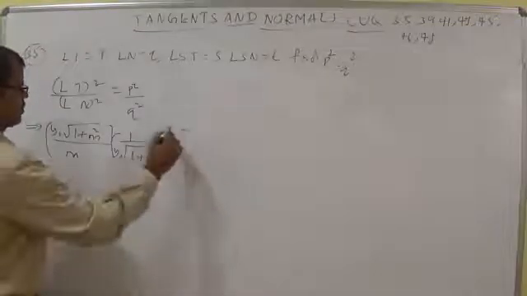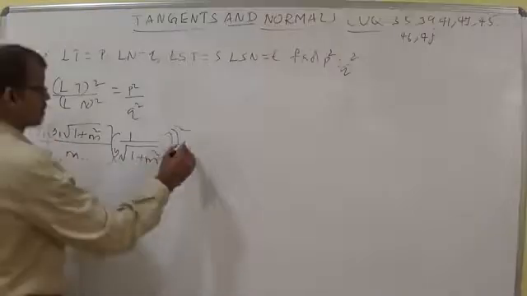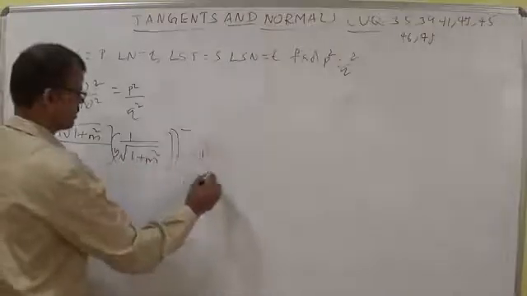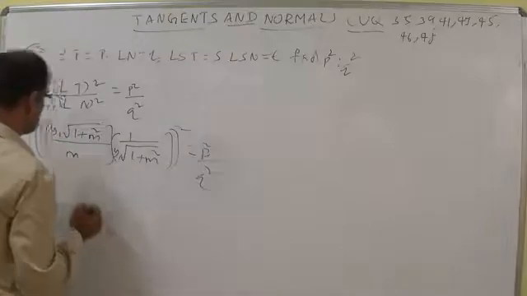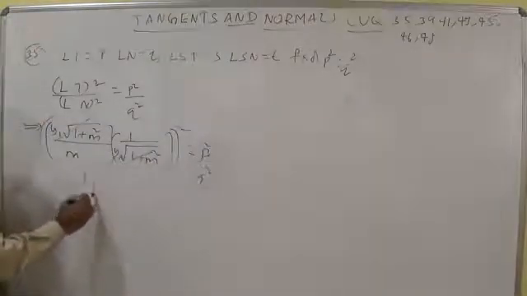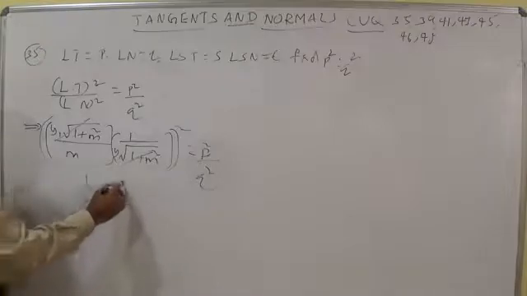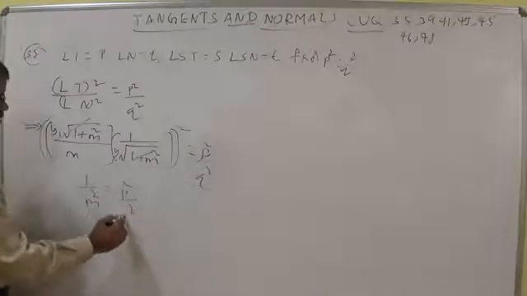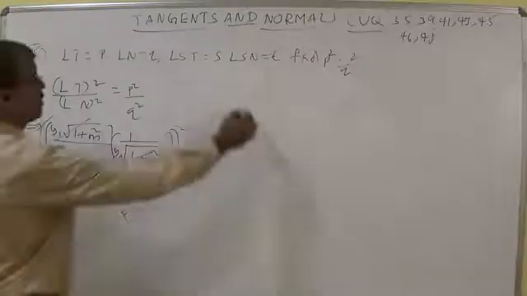Total whole square we can put. Therefore, this can be written as P square by Q square. Here y1 root 1 plus m square gets cancelled. Then it becomes 1 by m square, which is equal to P square by Q square.